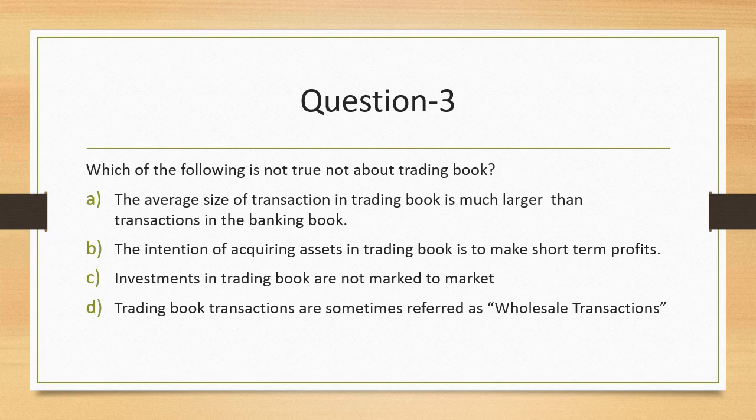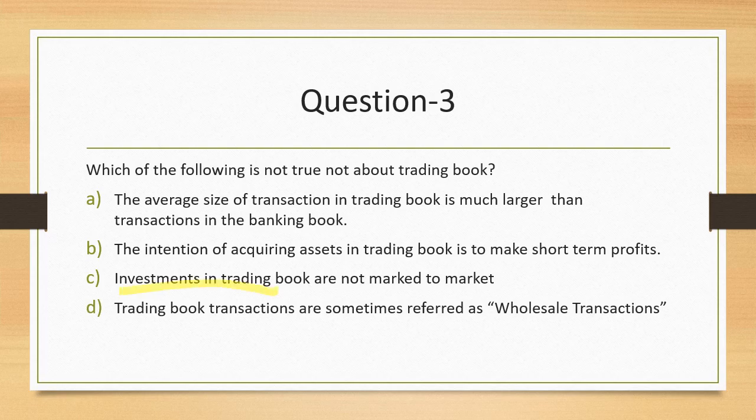So what are we trying to investigate? The first thing that we are looking at is that the average size of the transactions in trading book is much larger than transactions in the banking book, which is true, right? Because you trade in huge volumes, you buy and sell in huge volumes. The intention of acquiring assets in trading book is to make short-term profits. Yes, that's absolutely true, because we like to make money quickly and as much as possible from the movement in the market price.